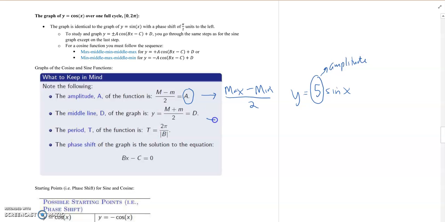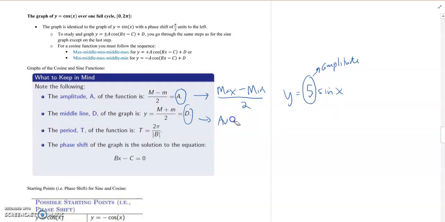The midline, which is D, is the average of the maximum and minimum. So to find the midline, you take the maximum plus the minimum divided by 2, and that gives you D. Now the period and the B value, this is how they're related.